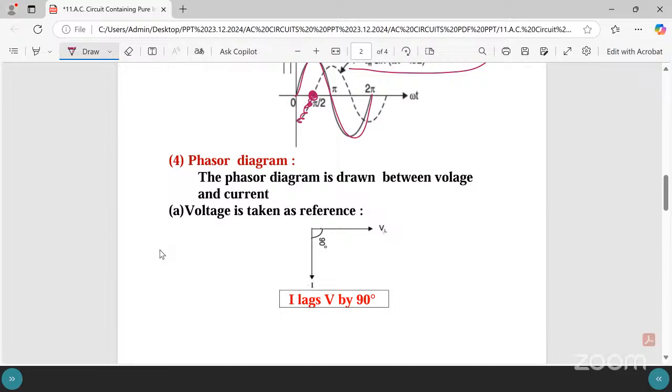Whenever you hear inductance, what is the answer? Lags. Who lags? Current lags. That is called pure inductance. What is meant by pure inductance? It indicates that we don't have any resistance in the coil.